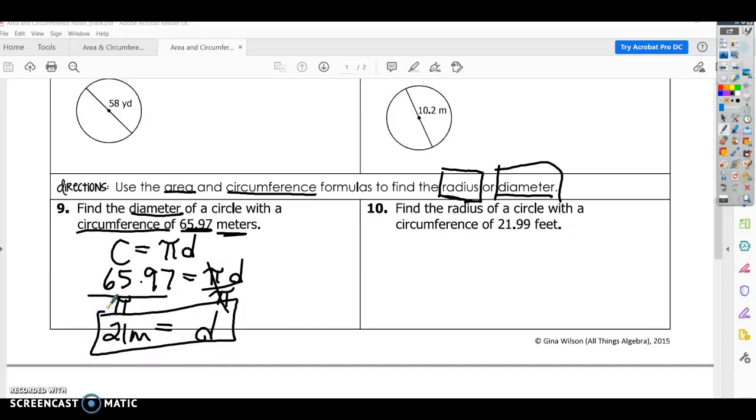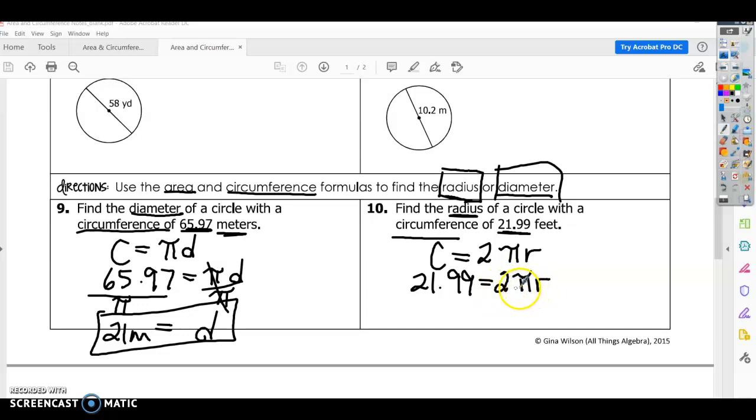All right, now we are going to find the radius of a circle with circumference of 21.99 feet. All right, so if we want to find the radius, we're going to use circumference equals 2 pi r. Again, I'm using this formula because r is part of the formula. All right, we are given the circumference, so plug this in for C. So we can divide by 2, or you can divide by 2 pi.